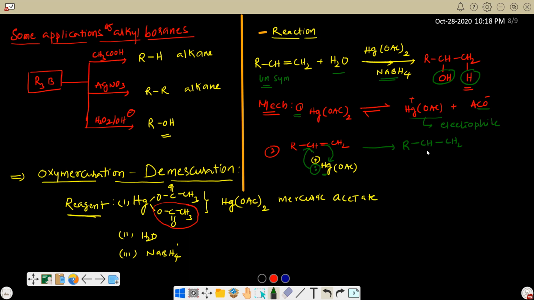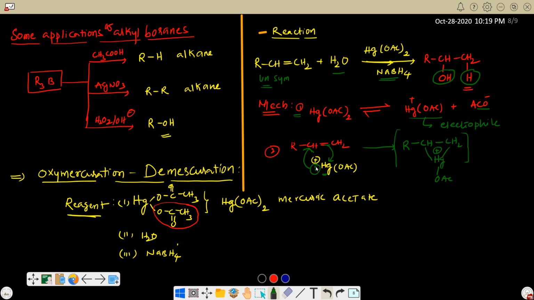So as a result, one cyclic mercury ion intermediate is formed, with OAc, this is plus. Right? So this is an important intermediate. Listen carefully. Then step 3. Is it clear? Yes, sir. Any doubt here?